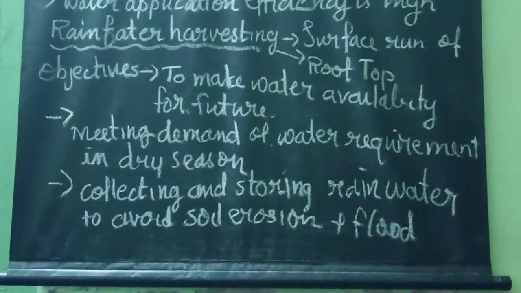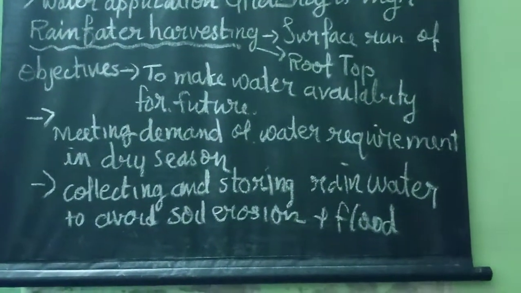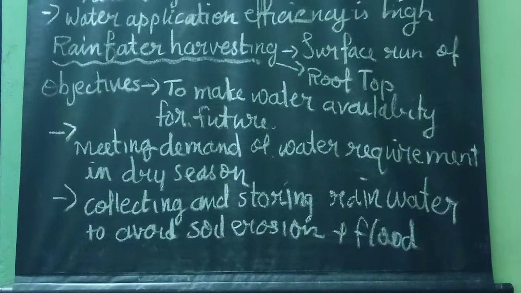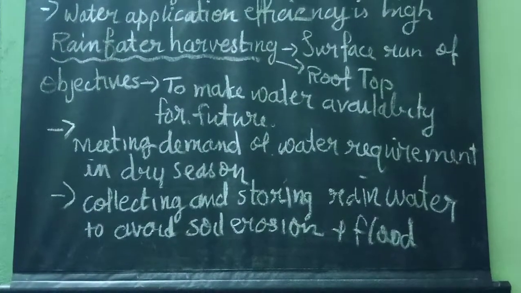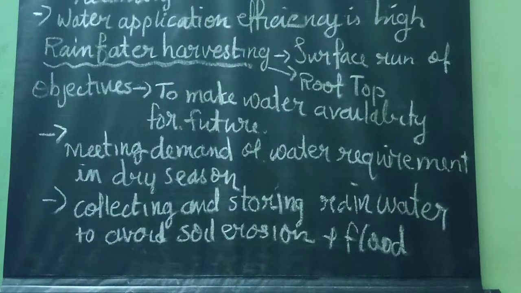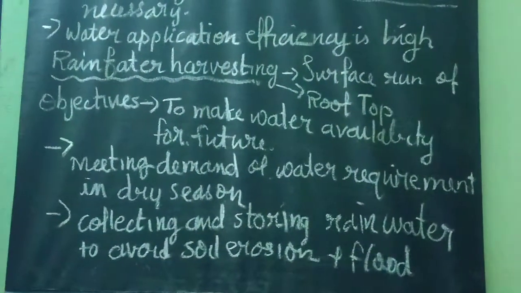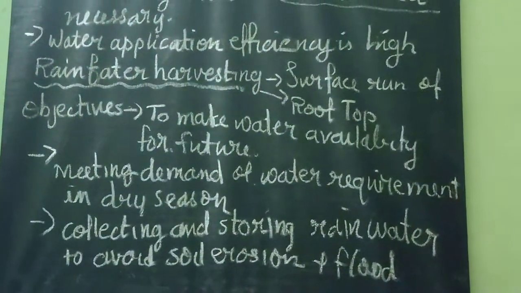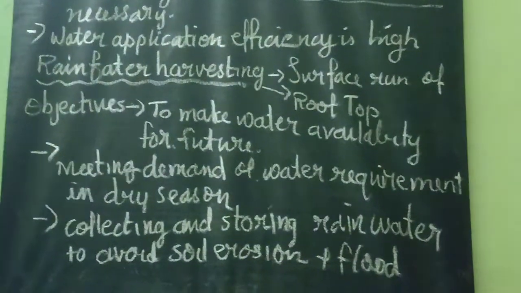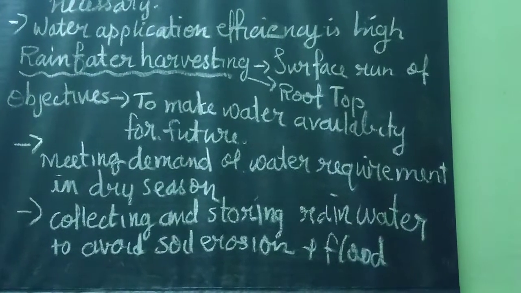Rooftop rainwater harvesting is a technique through which rainwater is captured from the roof catchments and stored in reservoirs. Harvested rainwater can be stored in a subsurface groundwater reservoir by adopting artificial recharge technique to meet household needs through storage in tanks. Okay. Listen again.